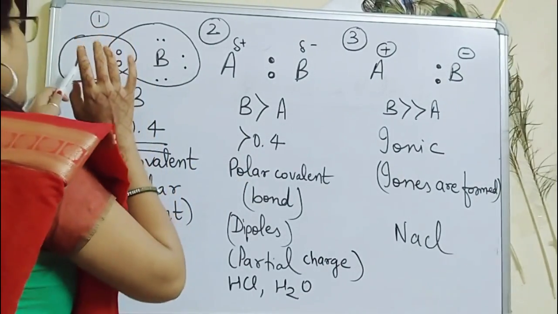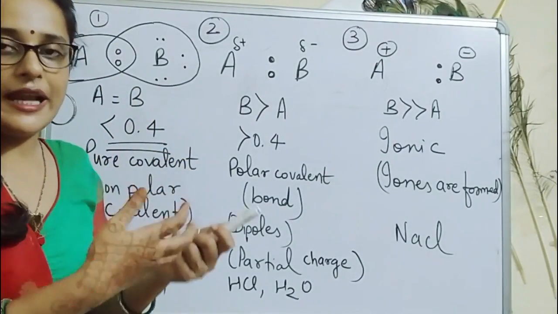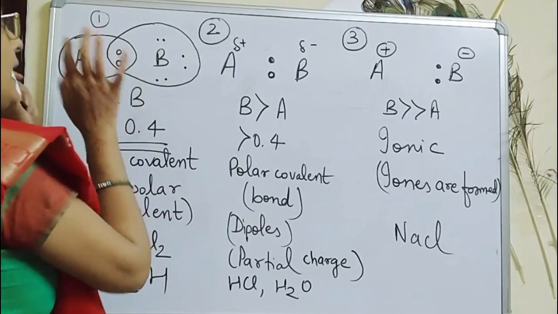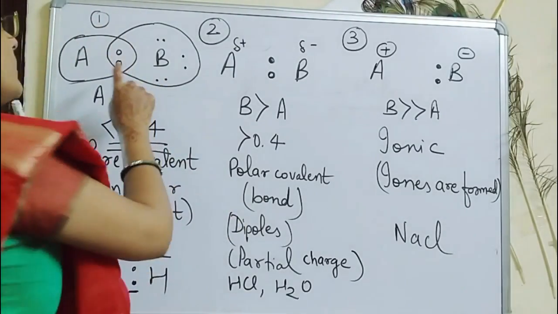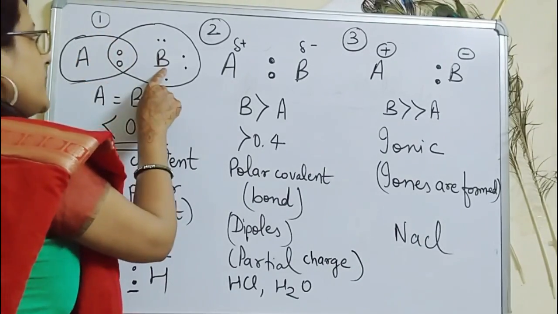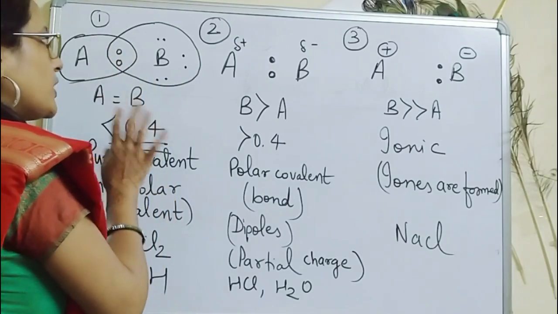Let's suppose A and B have the same value of electronegativity. A and B have the same control over this bonded pair of electrons. That is, A and B will not exert different powers on this bonded pair of electrons.